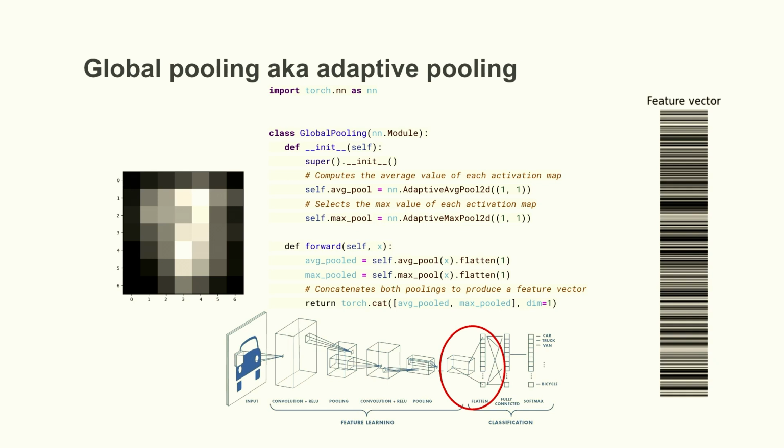It's a lossy compression, but it's keeping a lot of important information. The red circle that we see in the diagram shows where we're going to be doing global pooling instead of a flattening operation that we saw before.